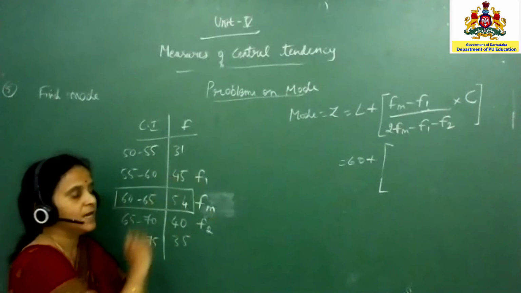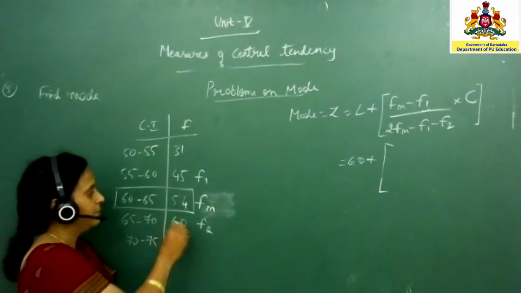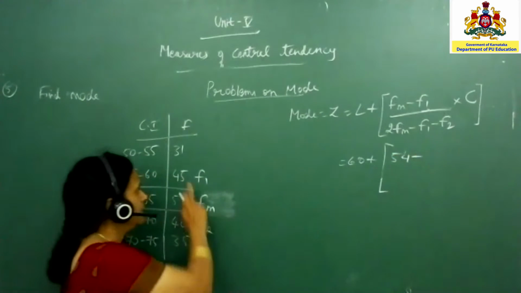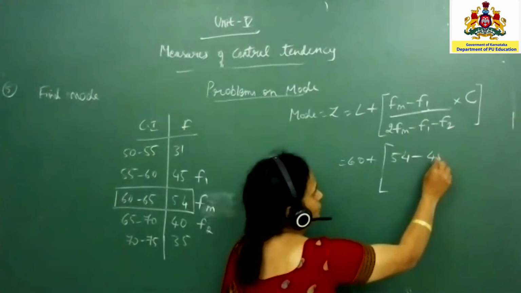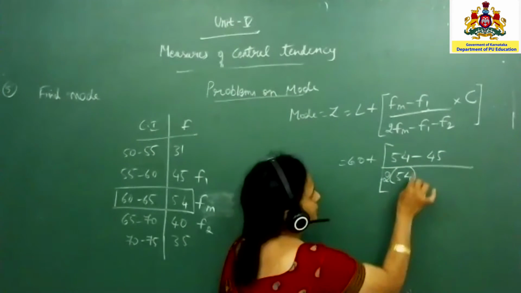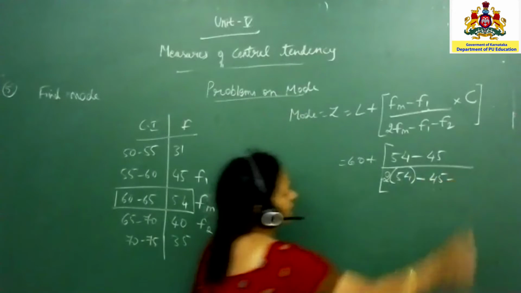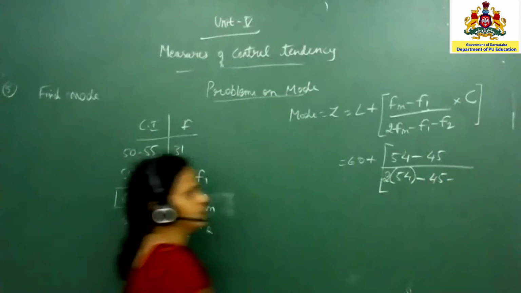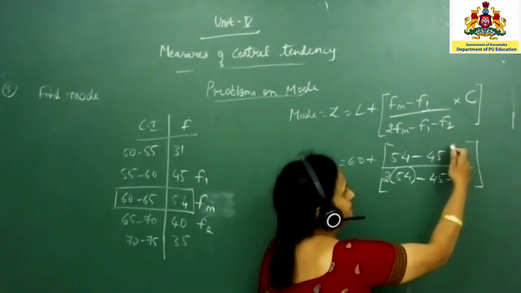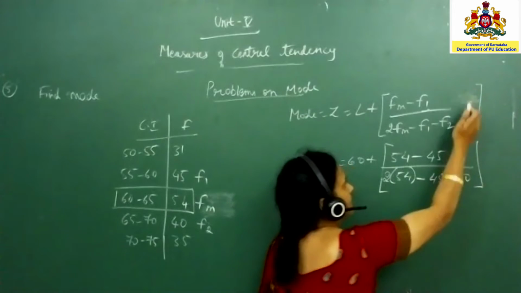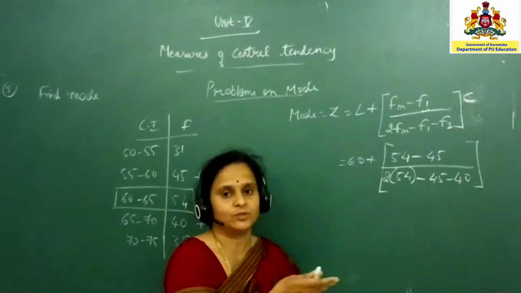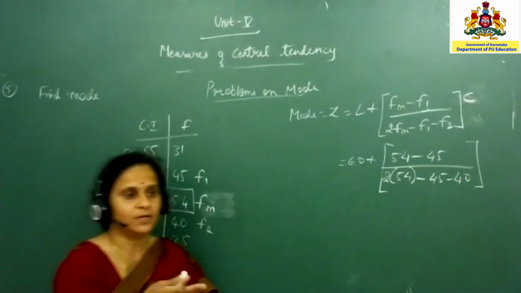Based on this, I'll substitute into the formula. Fm is 54, minus F1, which is 45, divided by 2 times Fm, 54, minus F1, 45, minus F2, 40, into C. You can write C inside the bracket or outside; if you write it outside the bracket, you can avoid confusion.